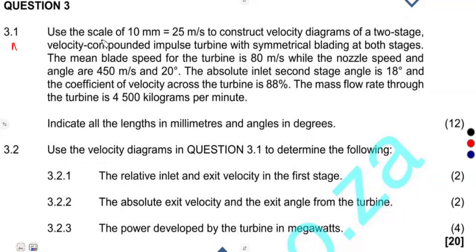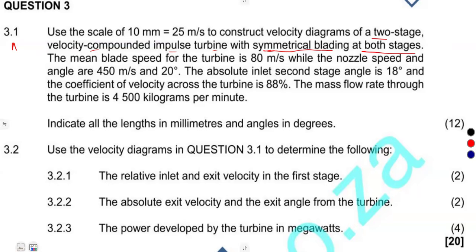They are saying use a scale of 10 millimeters to represent 25 meters per second to construct velocity diagrams of a two-stage velocity compounded impulse turbine, with symmetrical blading at both stages.